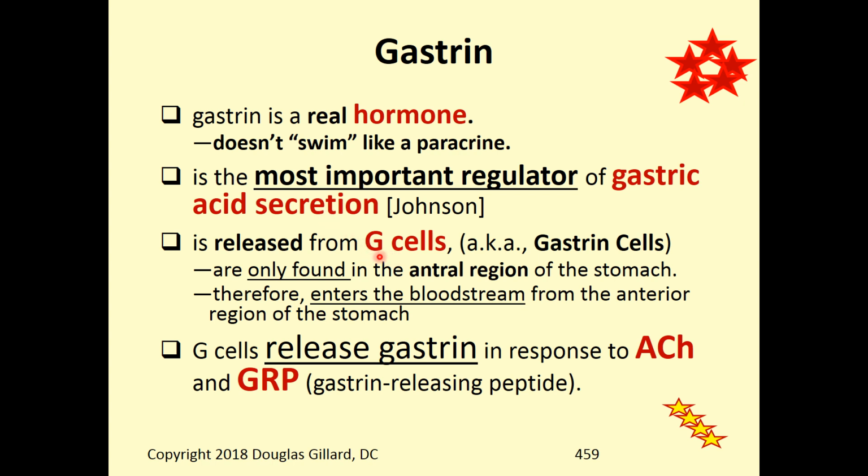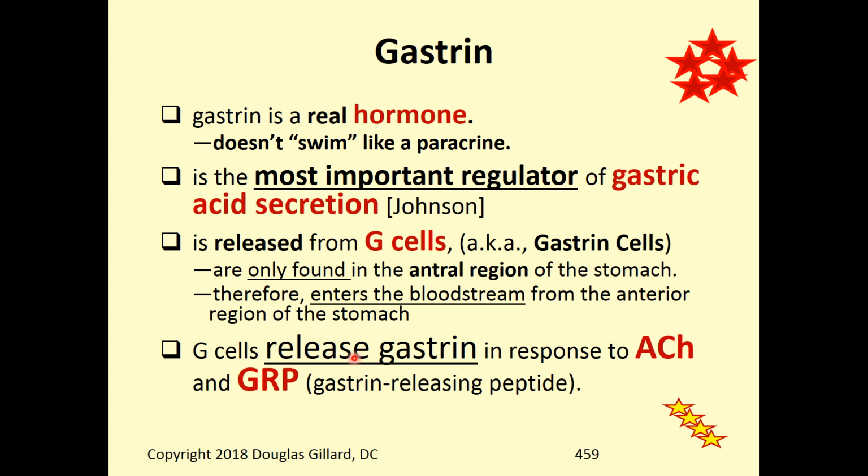Some people call these antral G cells. To remind you, boards are not going to call them antral G cells because that tells you where they are. They'll just call them gastrin cells or maybe G cells. Boards don't like to abbreviate. They like to give full words, so maybe they'll call them gastrin cells. They are only found in the antral region of the stomach.